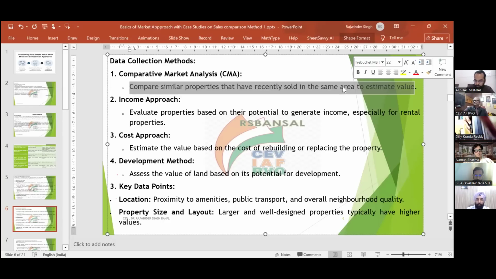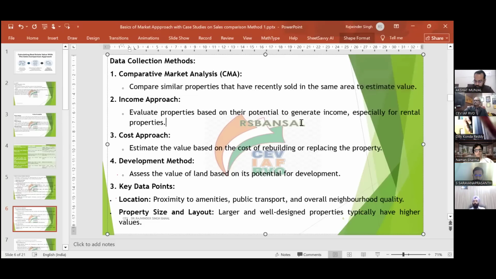And then if you are doing it from the cost approach, then you have to collect the data about the cost of rebuilding or replacing similar properties.